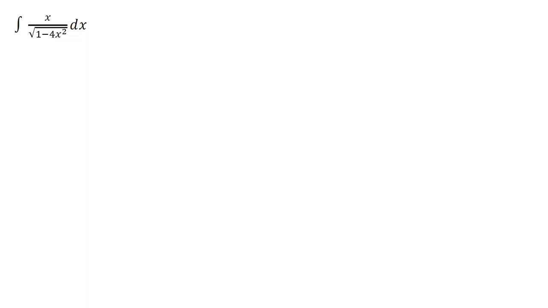All right, for our next one here, oftentimes if we have something inside that square root, like a 1 minus 4x squared, that when you take its derivative, you can find some form of that in our numerator, it's usually good to do that substitution. So we'll let u equal 1 minus 4x squared, and du will be negative 8x dx, which we don't have, but we almost have it.